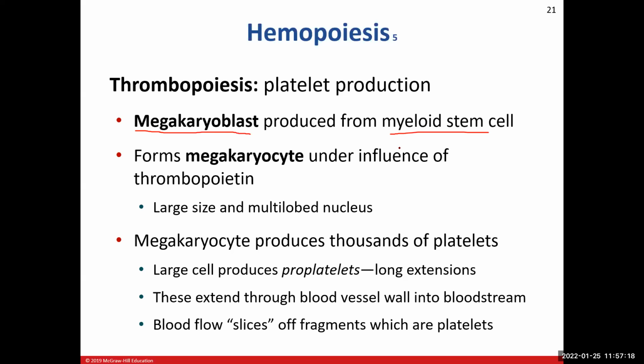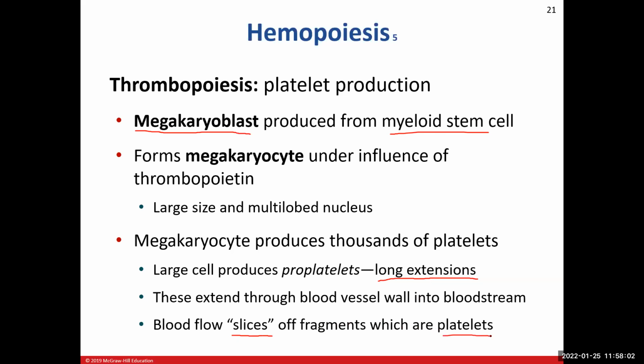What happens is this megakaryocyte is basically going to get really close to the vascular or blood vessel wall, and it will start to push parts of itself, called proplatelets, which are just long extensions of the cell, into the bloodstream. As the blood is flowing by, it will slice off fragments from this huge cell. And those fragments become the platelets.